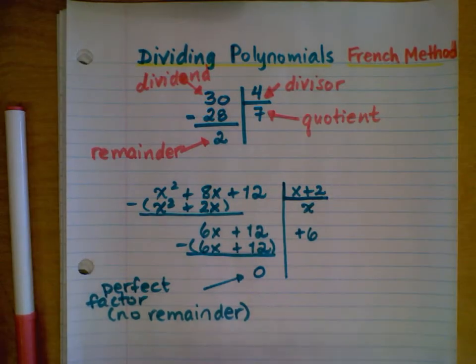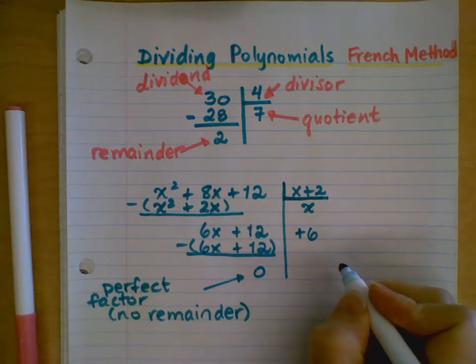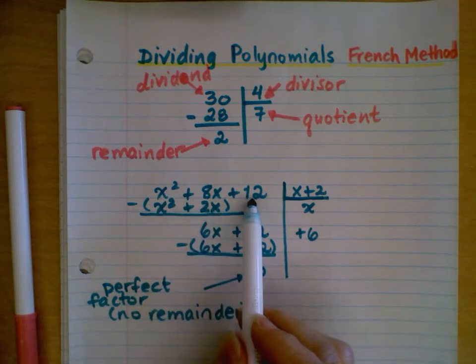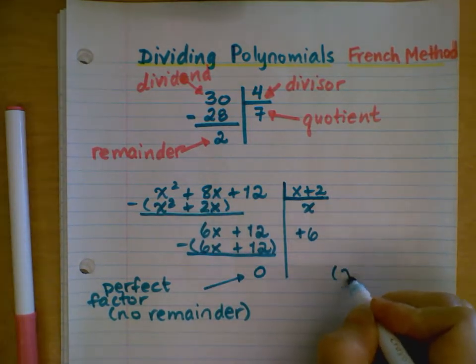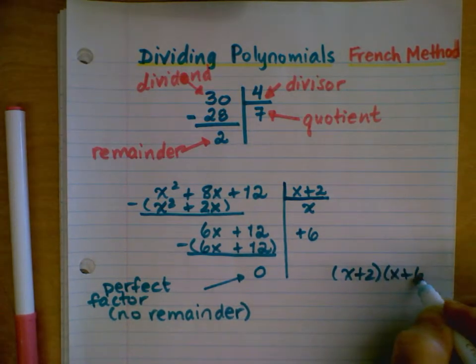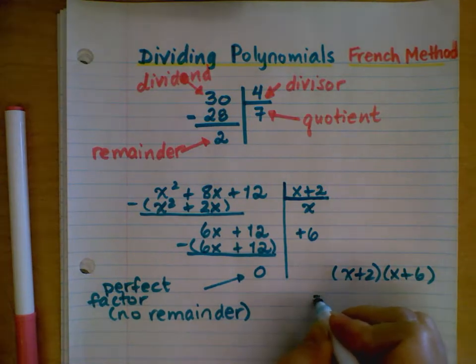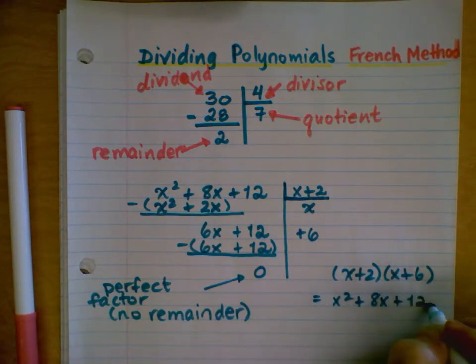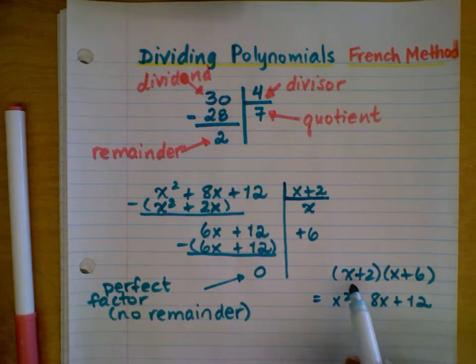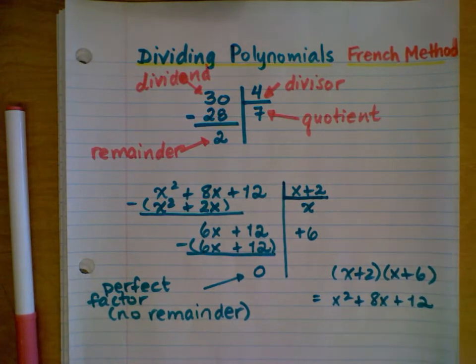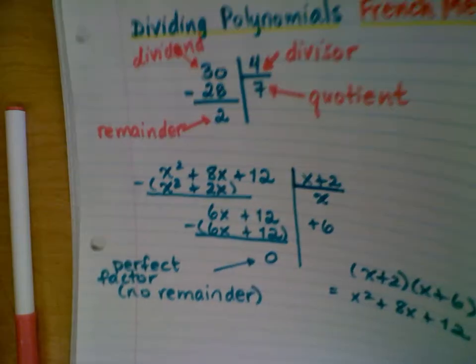Both of these are positives. So therefore, the factored form of x squared plus 8x plus 12 would be x plus 2 times x plus 6. And I could verify that answer by multiplying it out again and seeing that indeed it does simplify down to that trinomial. Okay, let's look at one more.